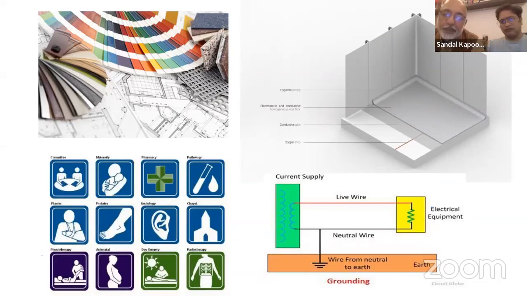So the idea is that there are various stakeholders and team members, and all of them have to be involved right from the concept or inception stage of the project. So we have to have the project life cycle: the inception stage, the conceptual stage, the pre-construction stage, the construction stage, the O&M stage, and the refurbishment or redoing, and all those things which we're going to talk about later in this presentation.